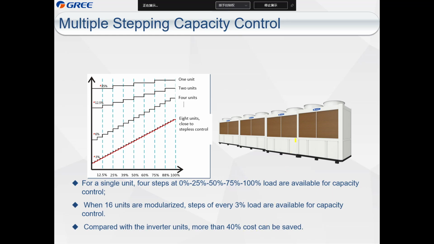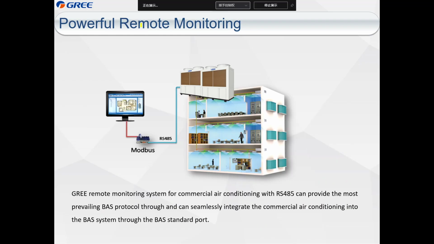But the modular system can realize almost stepless control, nearly the same as the inverter. Okay, this is the multiple stepping capacity control.